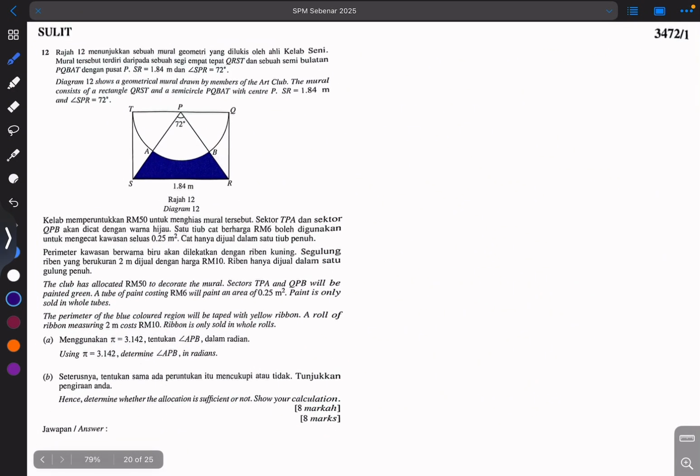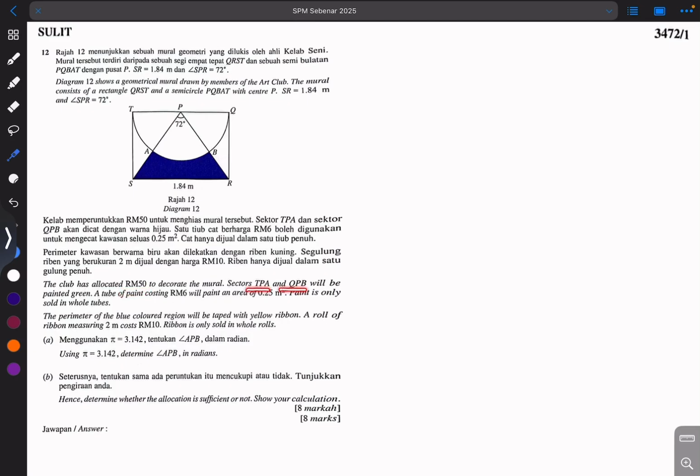Question 12. Diagram 12 shows a geometrical mural drawn by the members of the art club. The mural consists of a rectangle, QRST, and a semicircle, PQBAT, with center P. SR is 1.84 meters. Okay, and SPR is 72. Okay, this angle 72. The club has allocated 50 ringgit to decorate the mural.